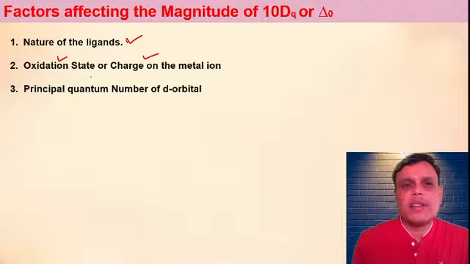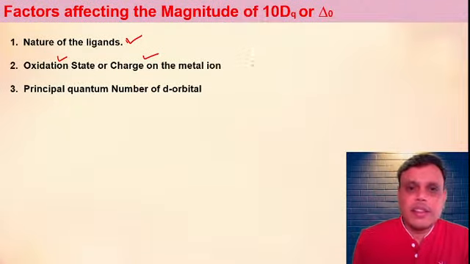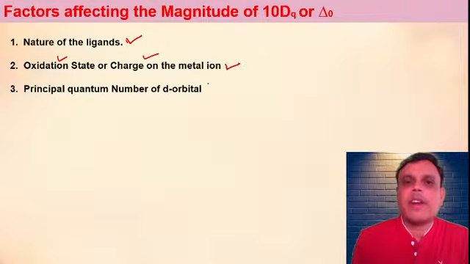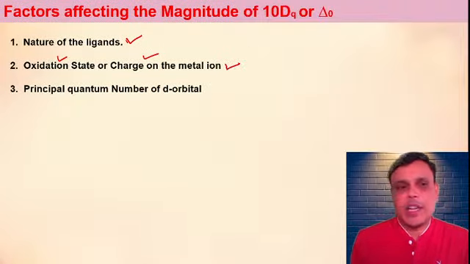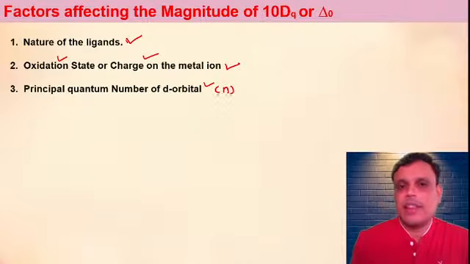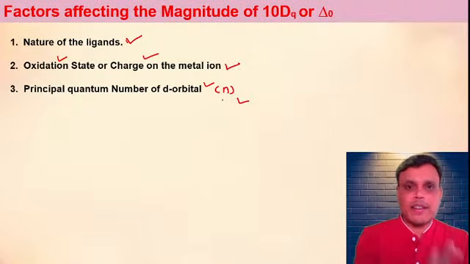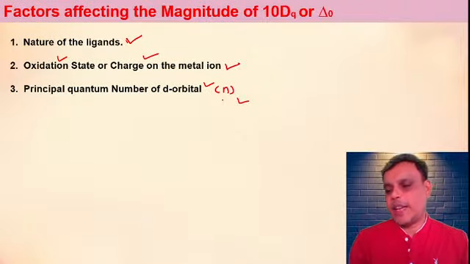The charge on the metal is also called oxidation state. This is also one of the important factors which affect the magnitude of 10 Dq. Then the principal quantum number of d orbital. Principal quantum number means this n. The value of n is also very important. So these 3 factors affect the magnitude of 10 Dq.